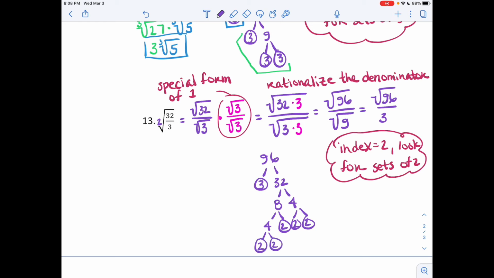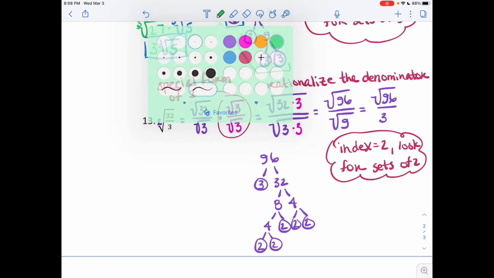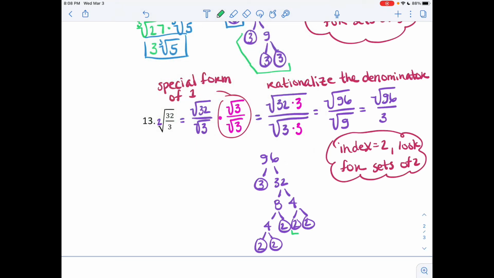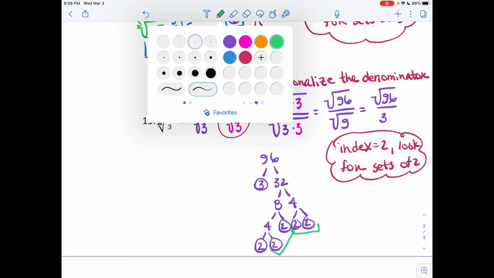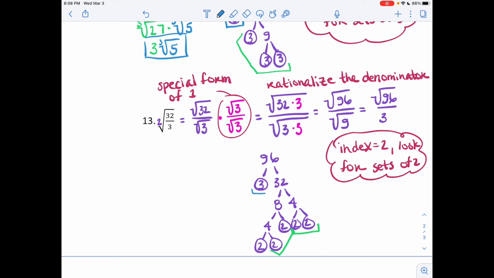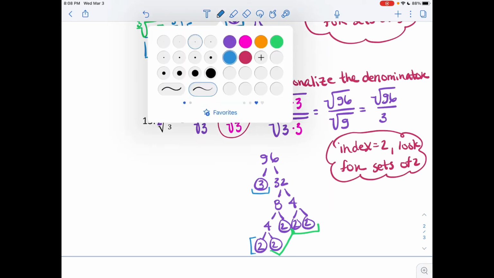So again, we are looking for sets of 2. We're looking for pairs. And so I see a set of 2 2's here, and I see a set of 2 2's here. However, I have a 3 and a 2 that don't have anything to pair up with. So those 2 will not pair together, but they're going to have to stay under the radical.